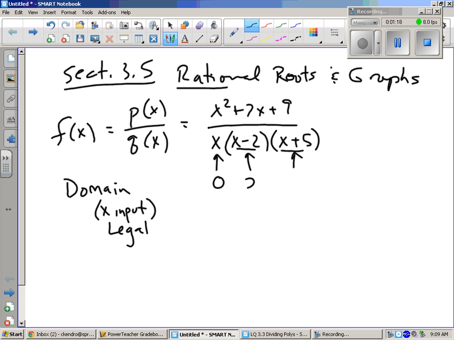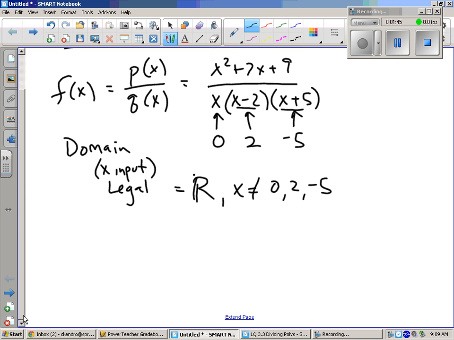If I put a 2 in here, that would make this middle one 0, and 0 times these other two would still be 0. And if I put a -5 in there, that would also make it 0. So we would say the domain is the reals. Oops. Okay, is the reals. However, x cannot be 0, 2, or -5. So you kind of say what it can't be instead of what it can be.